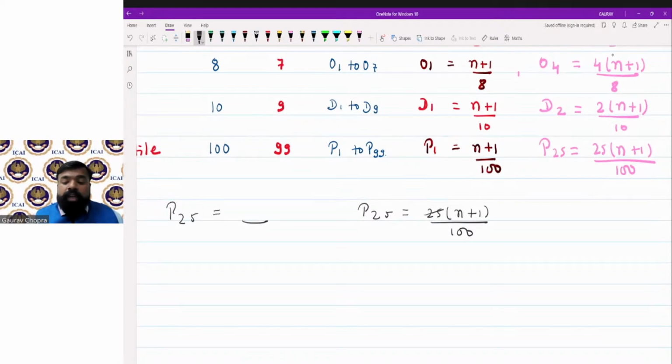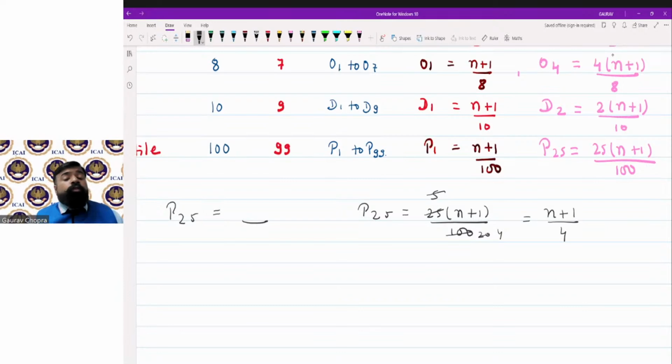Now we can cancel this. If we cancel with 5, it will be 5 and then 20. Again cancel, it will become 4. So it is n plus 1 by 4.